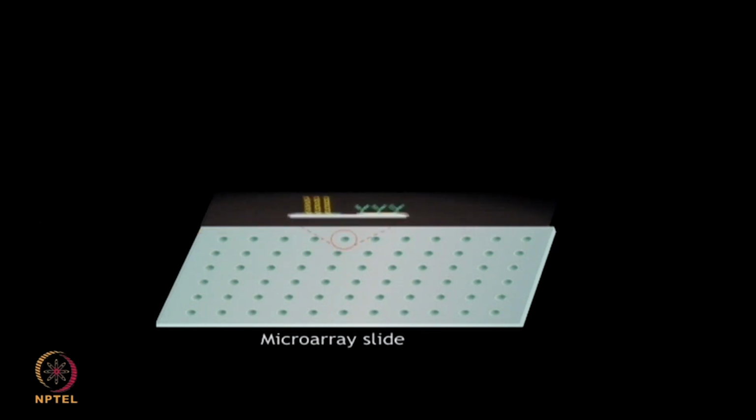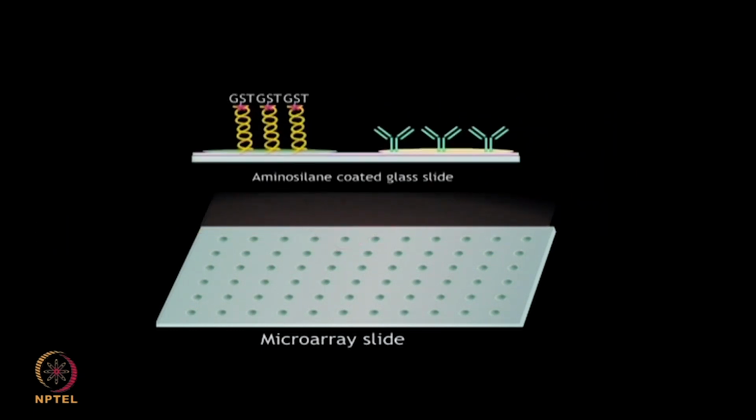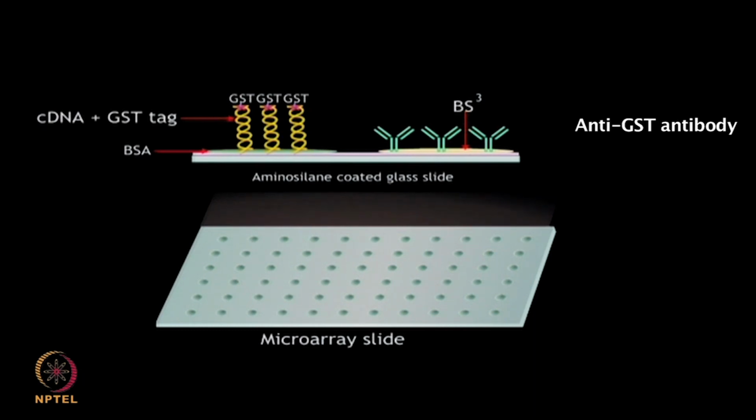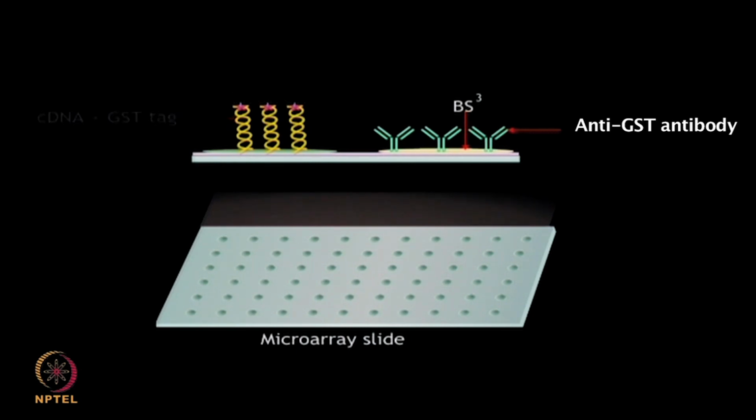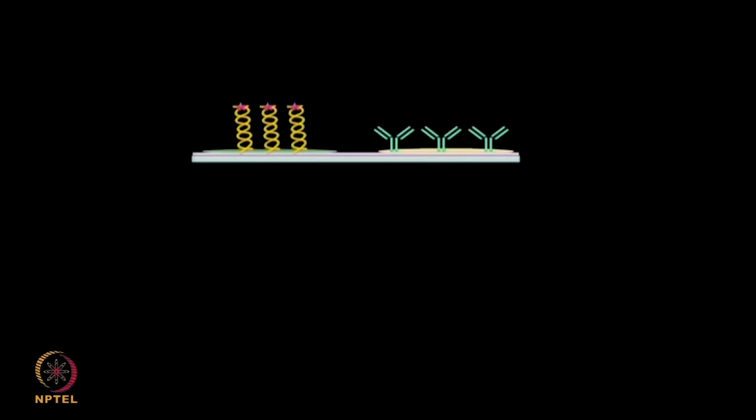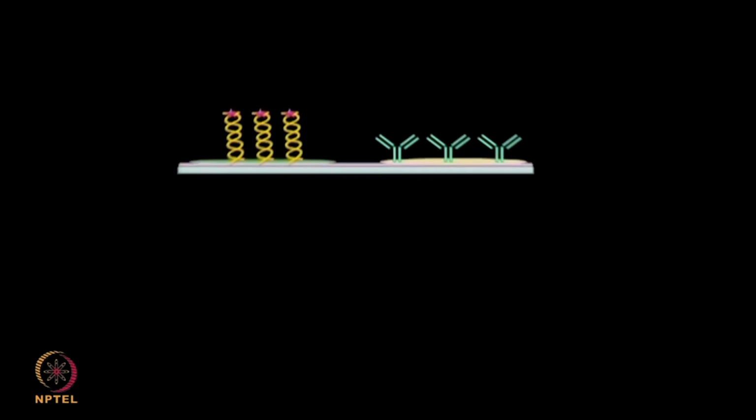To this surface, the NAPPA master mix is added, which consists of BSA, BS3, GST tagged cDNA and anti-GST capture antibodies. The BSA improves the efficiency of immobilization of cDNA onto the array surface, while BS3 cross-linker facilitates the binding of capture antibody.